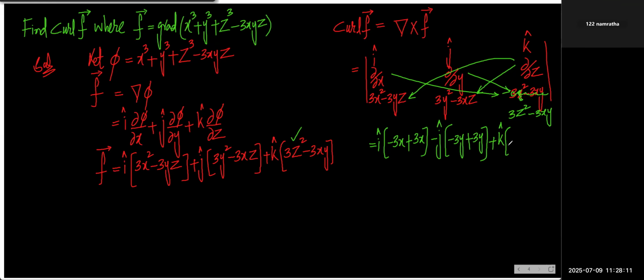So solving of I cap is correct only. Now k, column and row we neglect. With respect to x for this value we get minus 3x again. Minus 3z we get. And with respect to y means minus into minus plus 3z. Actually what happened here, all the terms are cancelled. This one, this one, this one cancelled.